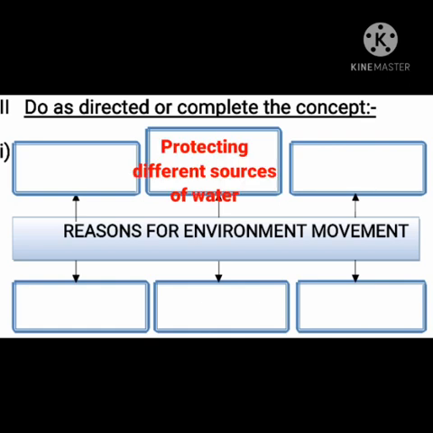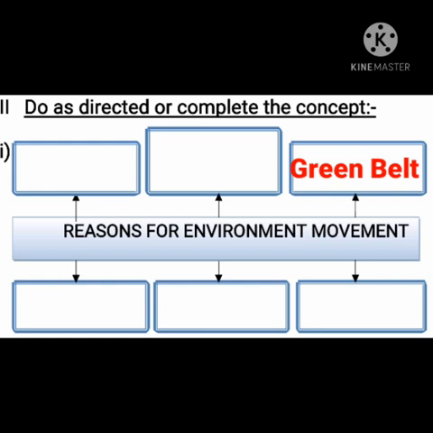In the second box, write down protecting different sources of water. That is protecting lakes, rivers and groundwater, etc. Now next box, write down green belt. A green belt is an area of land with fields or parks around a city or town where people are not allowed to build houses or industries by law.